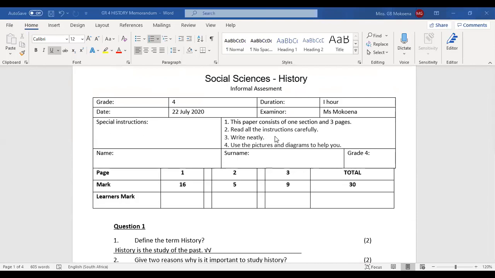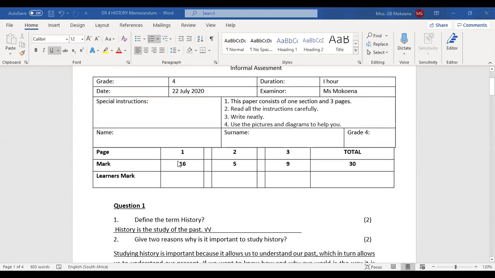Read all instructions carefully. Write neatly, your work must be readable. Use the pictures and diagrams to help you answer the questions. There are questions where you cannot answer without reading the diagrams.